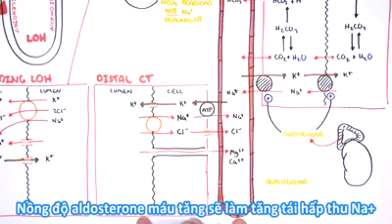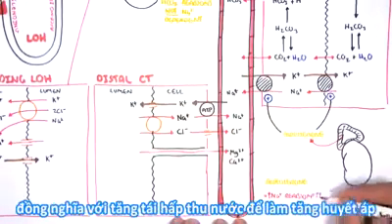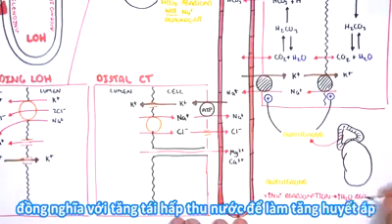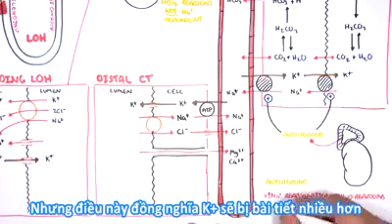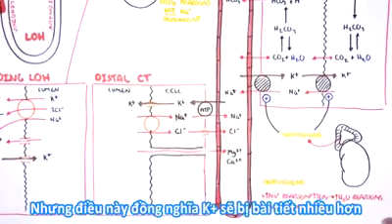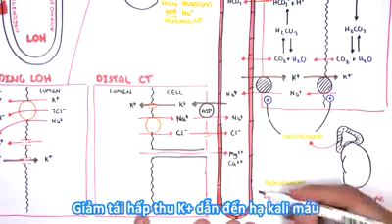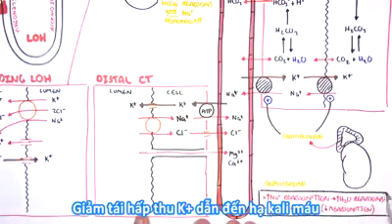An increase in circulating aldosterone means more sodium will be reabsorbed, which means more water will be reabsorbed to increase blood pressure. However, this means more potassium will also be secreted. There is a decrease in potassium reabsorption, which will cause hypokalemia, low potassium in the blood.